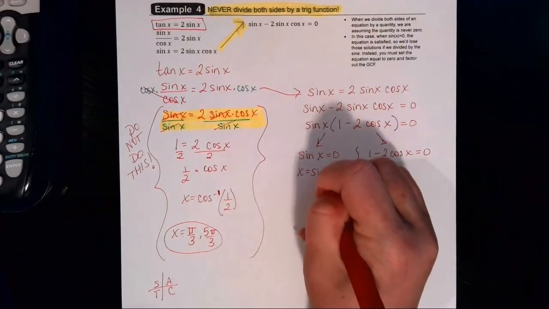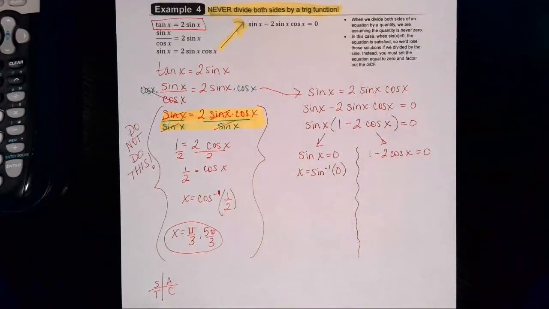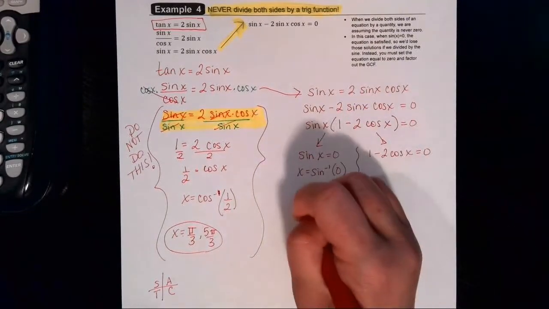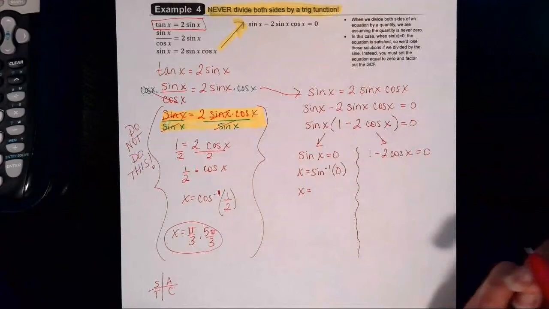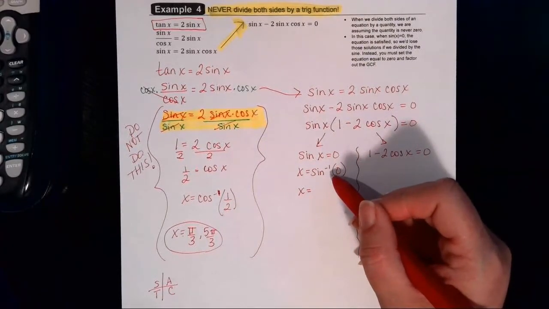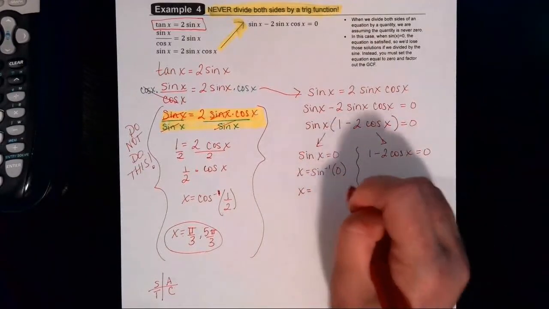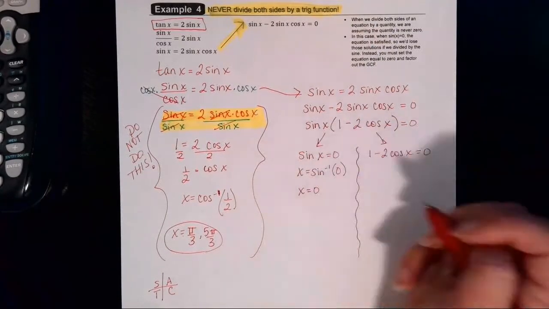So for sine of x equals 0, we need to take the inverse of both sides. So x is equal to the arc sine of 0. And when you look at your unit circle, the places where the sine is 0, remembering sine is the y-coordinate of the angle in radians. So the first place that has a y-coordinate of 0 would be 0.